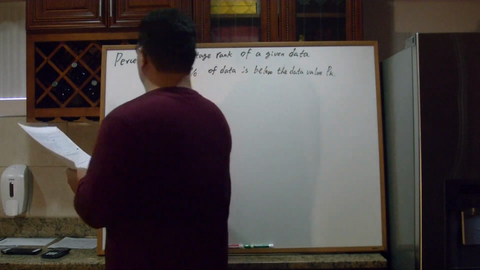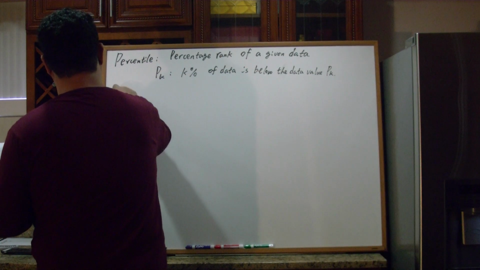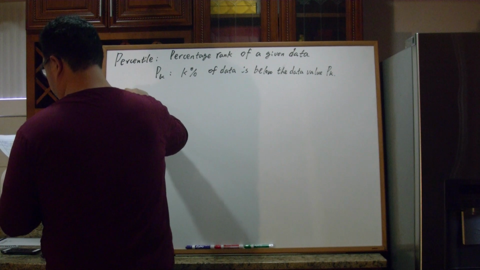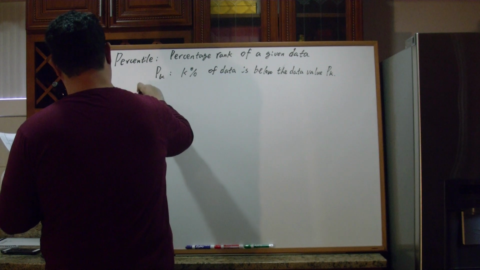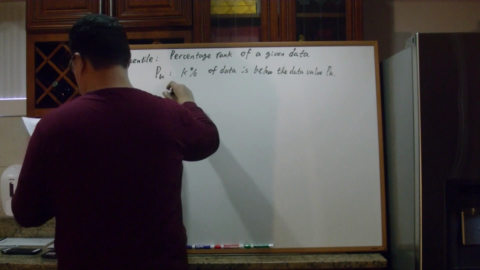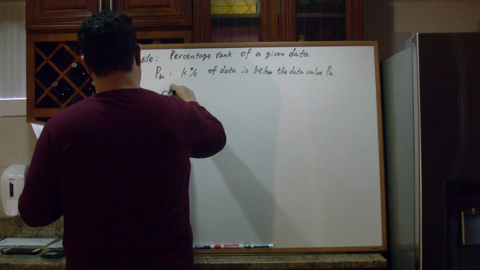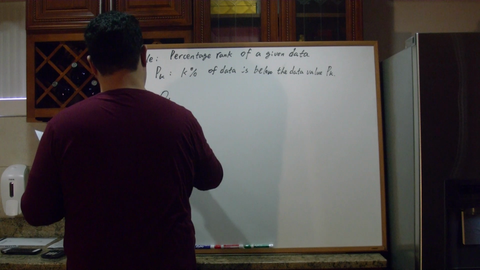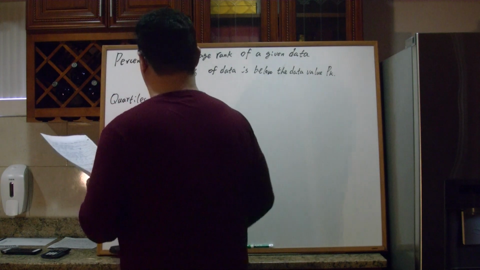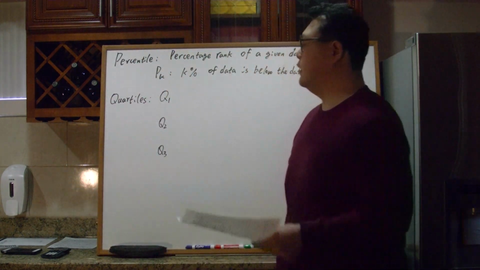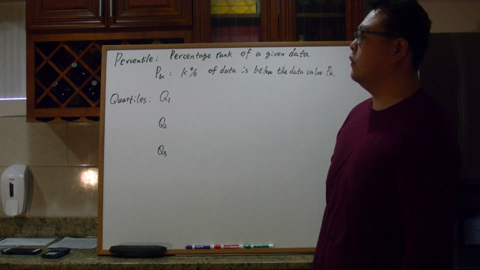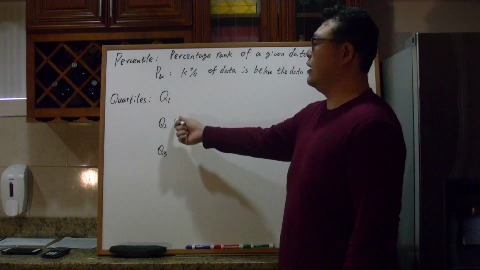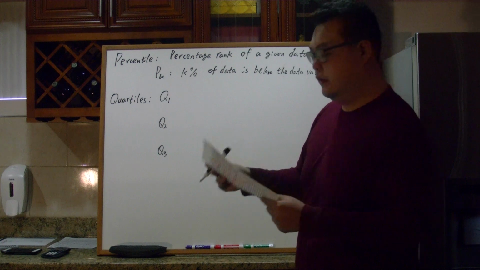Right, that's the percentile, and we were focusing on the quartiles, which denotes our Q1, Q2, and Q3, which is for a data set cut as 4 quarters, that's first, second, and the third quartile.